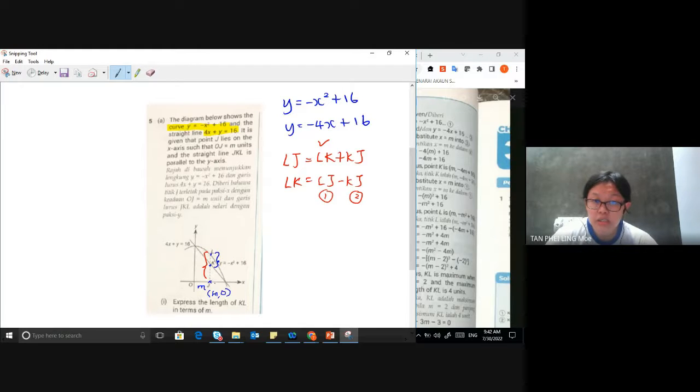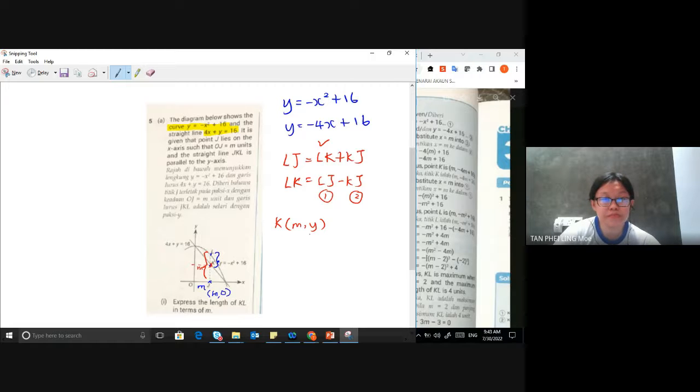So this one is actually a simple question. Can you find your KJ? The KJ will be these coordinates. As long as we can find the K coordinates, I should be able to substitute in the x of the K. Because this is M, this is also M, the x coordinate of my point K should also be M. So K is (M, y).